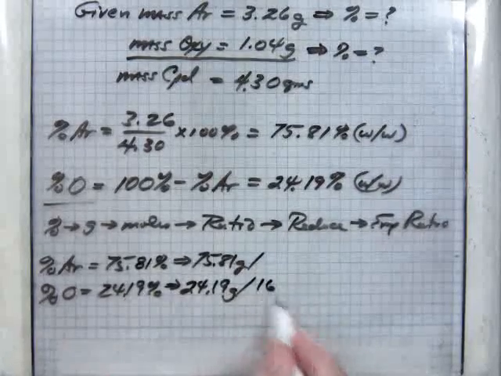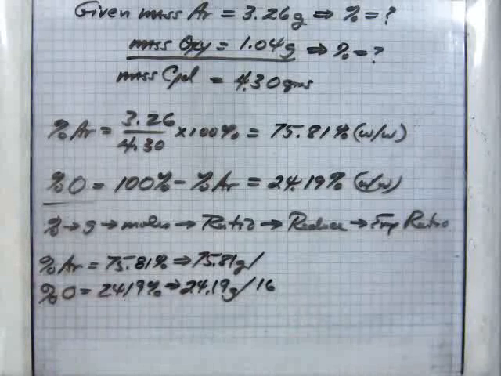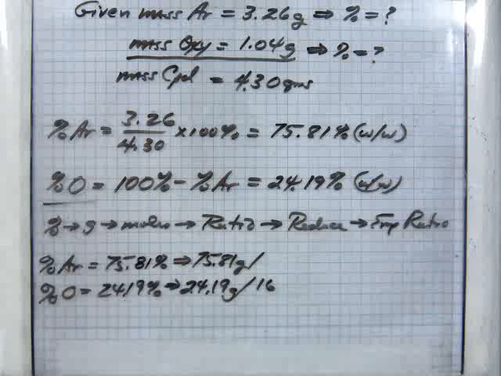Oxygen we know is 16. I have no idea what arsenic is. Arsenic, 75.